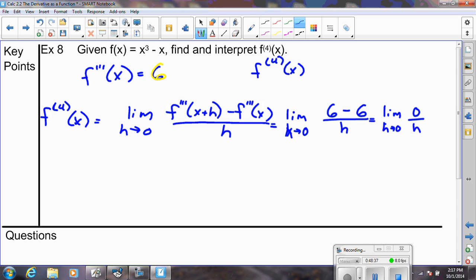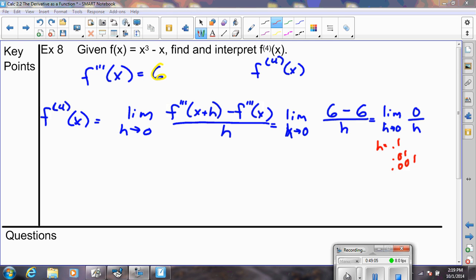And you may be tempted to simply say, well, I'm going to plug in h equals 0 and get the 0 over 0 case, which doesn't make any sense. But please remember, this is a limit. It's not saying h equals 0. Since h does not actually equal 0 itself, in the limit we're carrying out numbers like h equal to 0.1, 0.01, 0.001, and their negative counterparts.